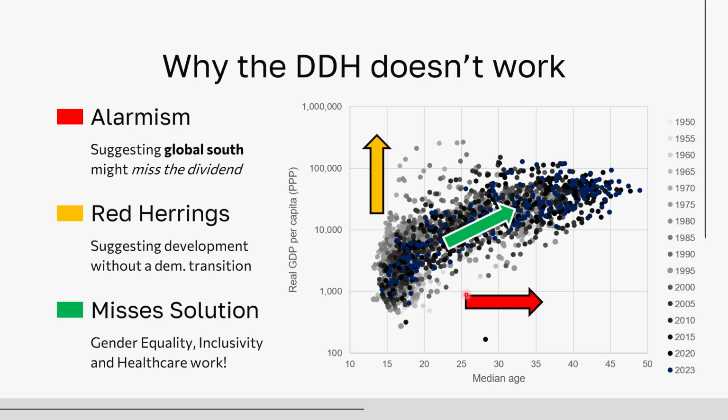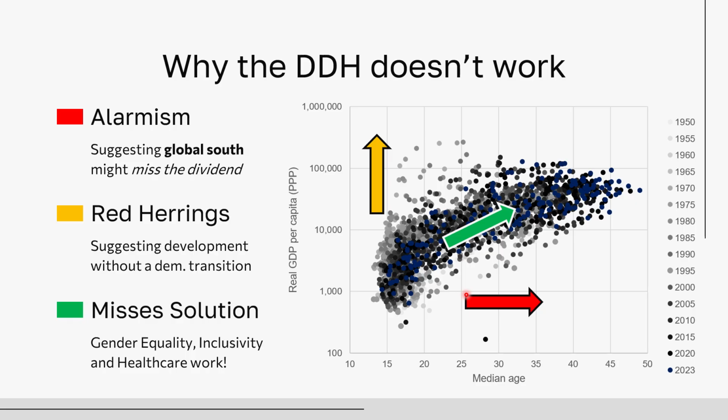And frankly, it takes on a rather alarmist perspective, because of course what the dividend hypothesis is effectively saying is that when developing countries, which are mostly from the global south, mostly from Africa and a few countries in the Middle East and South Asia, go through the transition, they might stay poor. Yet when nations above the equator, in the global north, went through the transition, they got rich.